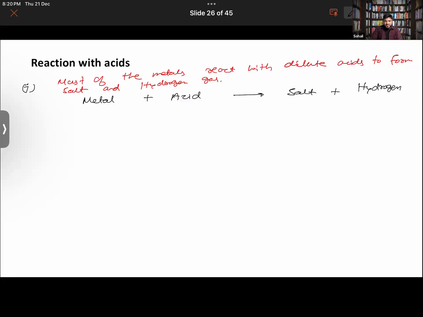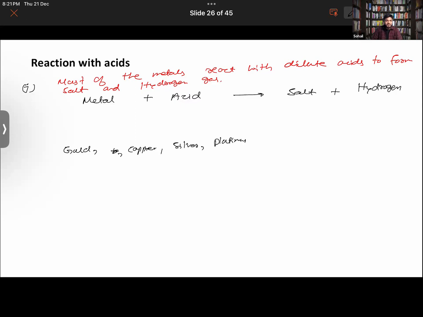Some of the lesser reactive metals, for example gold, copper, platinum, silver, will not react with dilute acids.